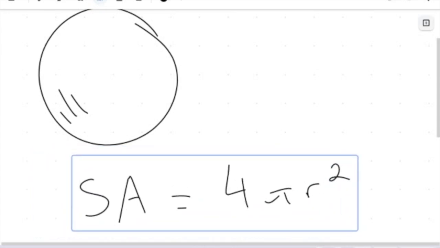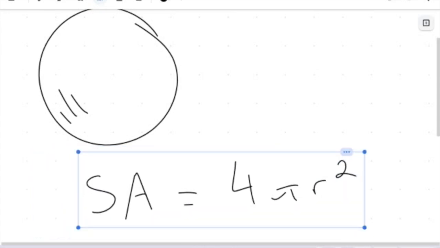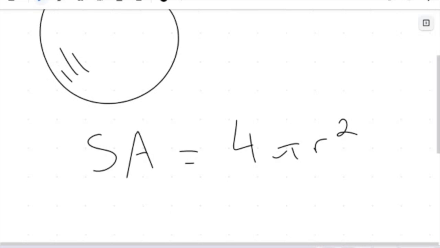Now, what does this actually look like? Let's break down what this formula is telling us. Well, pi r squared is just the area of one circle.